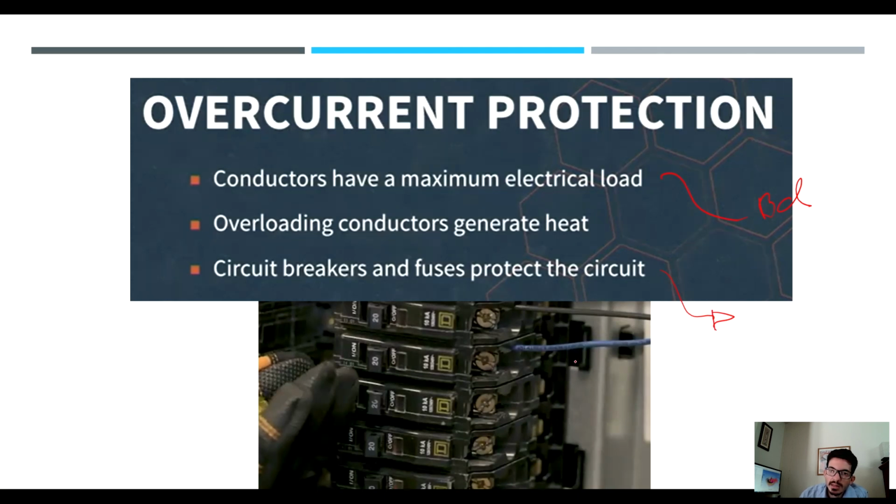But again, never work on a panel board unless it is under tag out conditions. Turning the breakers on and off is okay, but swapping a breaker is a completely different thing. That should only happen once the control board is off.